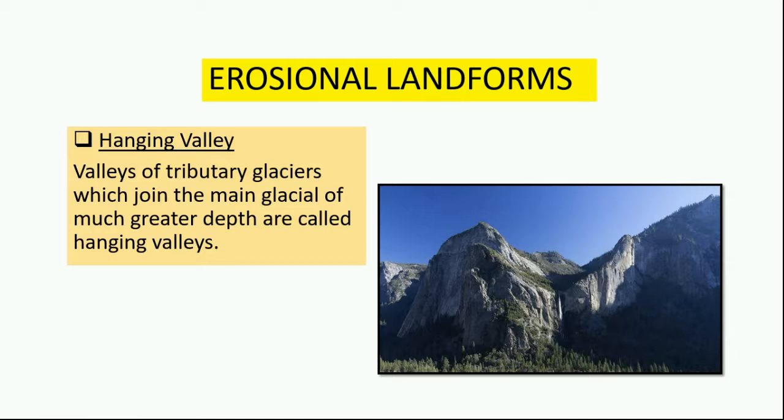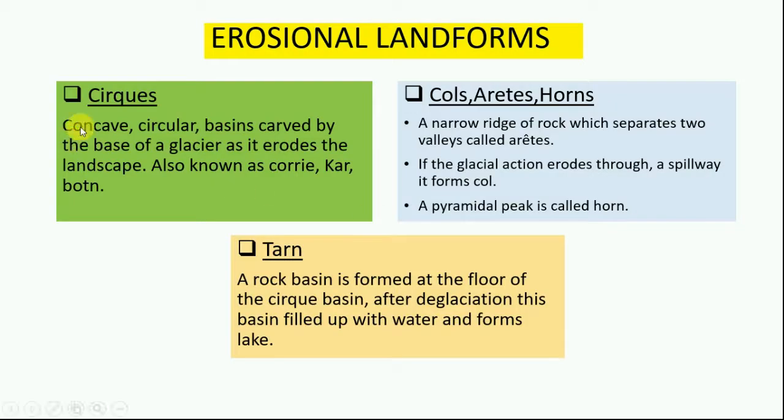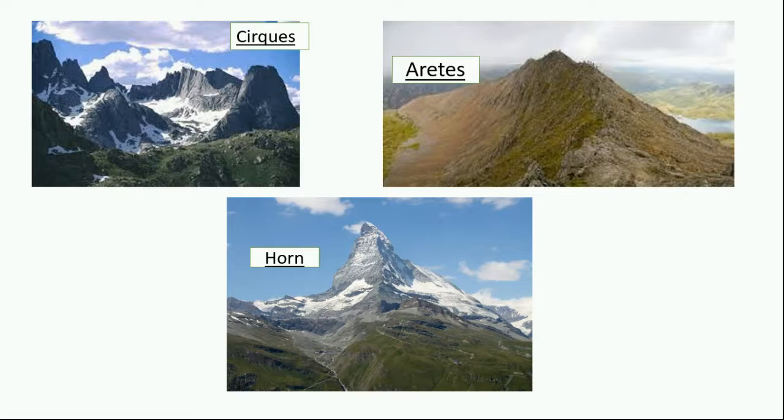Now moving on to the next one, there are various erosional landforms like cirques, cols and aretes, and horns and tarns. Let's talk about cirques first. It is basically shaped like an armchair, a steep-walled depression representing a glacial valley head. Now how does it form?